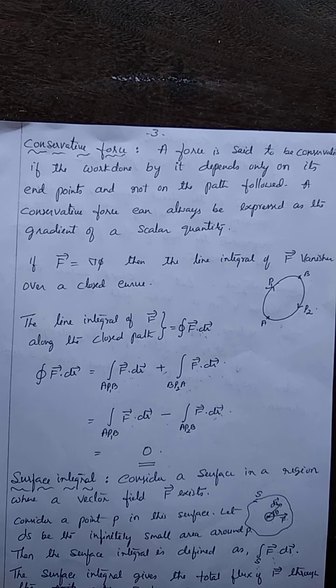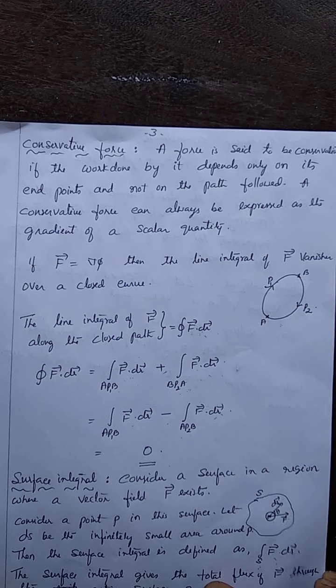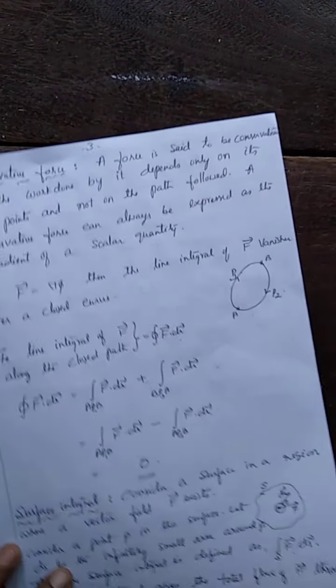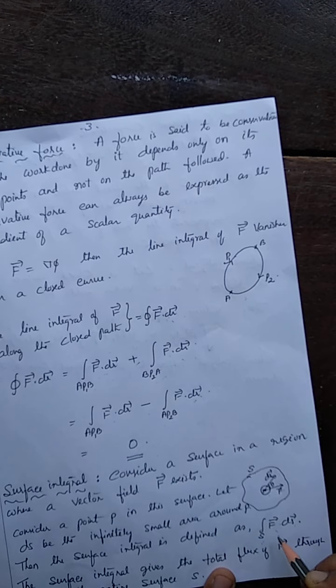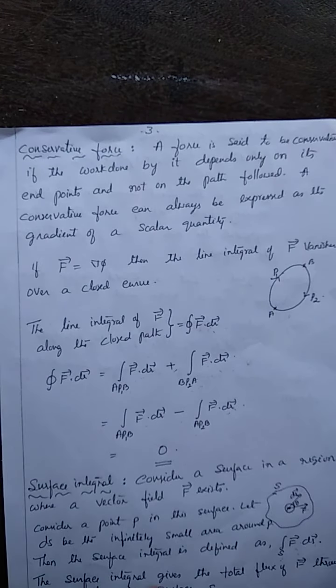So thus, the surface integral always gives the total flux of that vector field. It's also represented as the double integral of F vector dot dS vector.